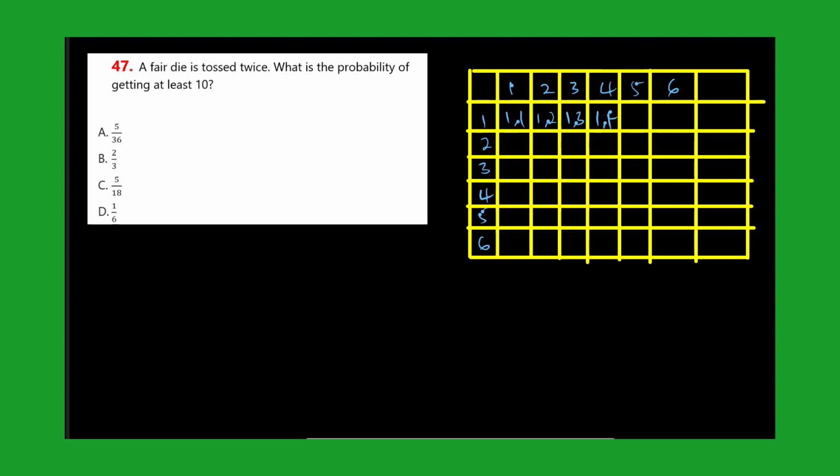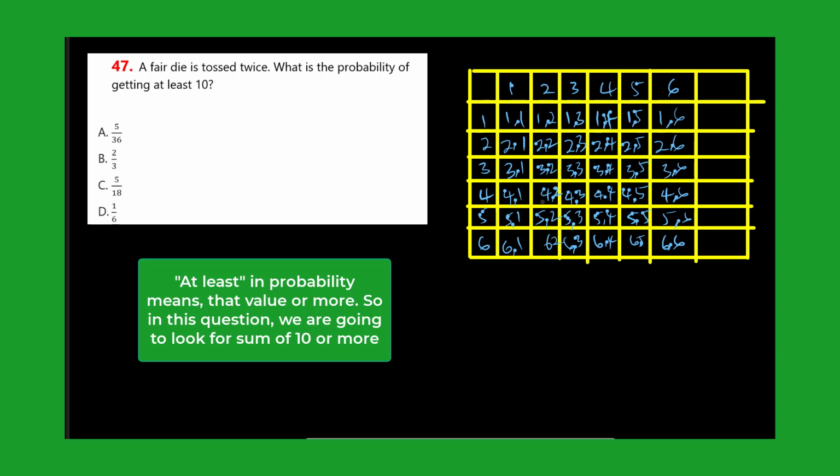From the question, we are asked to find the probability of getting at least 10. So from this die that is tossed twice, we are going to look for the sum of each of these that will give us 10. So 4 plus 6 is 10, 5 plus 5 is 10, 6 plus 4 is 10.